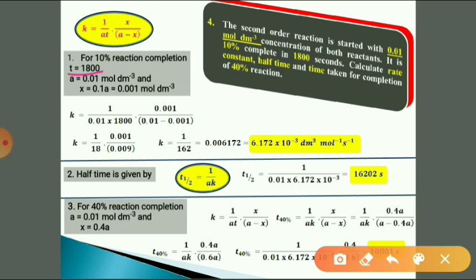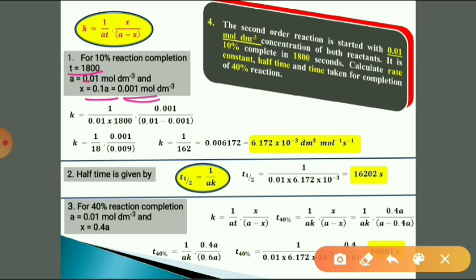Small a is given as 0.01 mole per dm cube, and the value of x is 0.1 a, that is 10% of a, so it becomes 0.001 mole per dm cube.